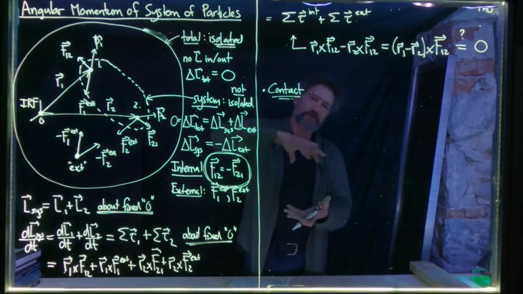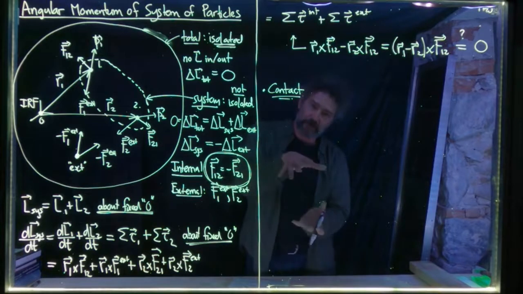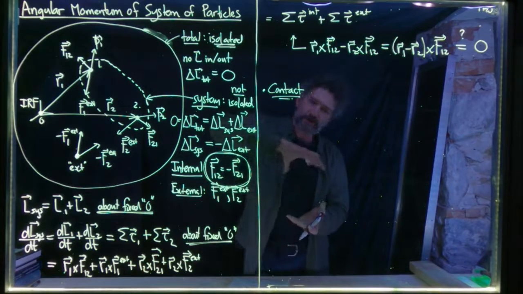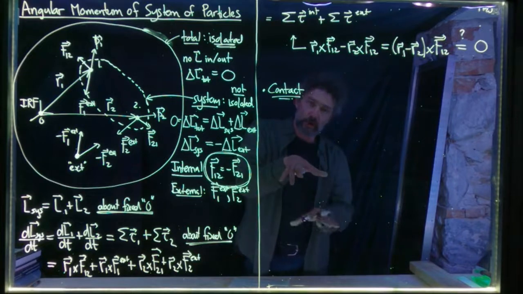These surfaces are sliding next to each other. There is a mu k, a force of kinetic friction. The top spinning disk will exert a counterclockwise torque on the bottom non-spinning disk, causing it to start spinning faster and faster, transferring angular momentum in that direction to the bottom object.